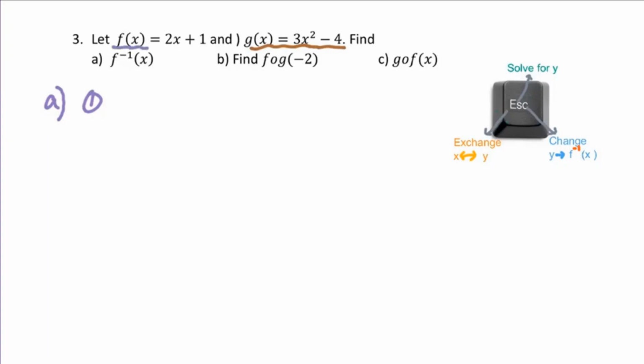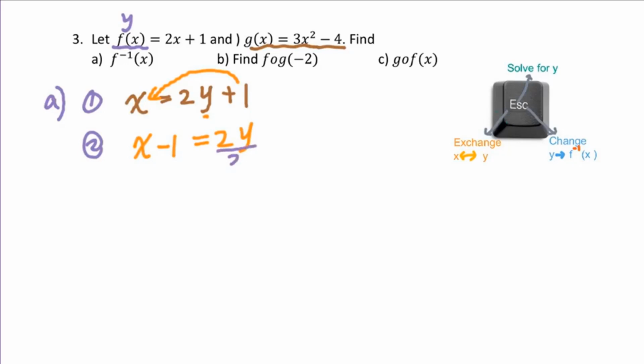So f of x is y, all x turning into y, all y turning into x. So we get x equals 2y plus 1. Then second step, solve for y. This is a linear equation, so we isolate the y on one side. Therefore, subtract 1 from both sides. We get x minus 1 equals 2y.